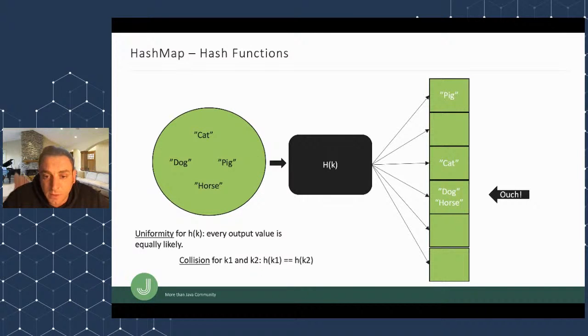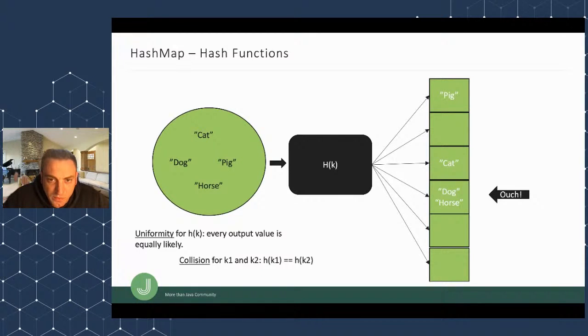Why? Because it depends on the size of the array. If we think about a huge number of elements to be inserted and we have a small array, the hash function is going to collide because of the remainder operation.